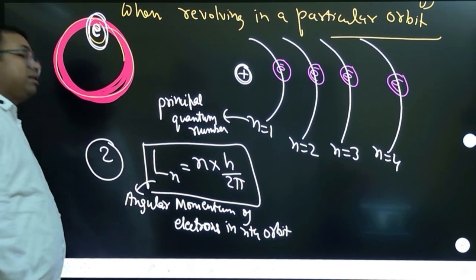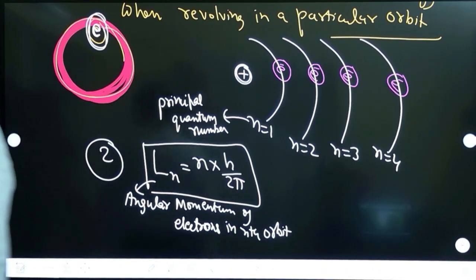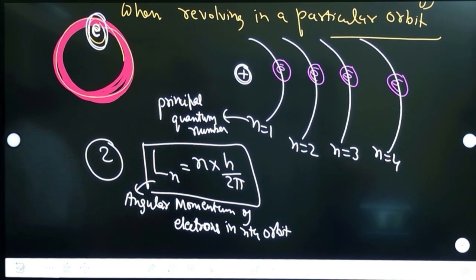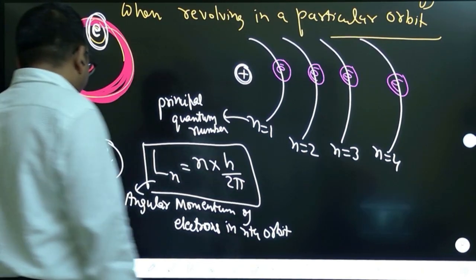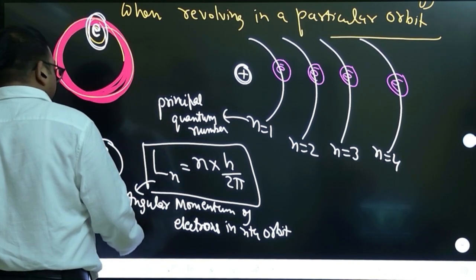We can clearly see that angular momentum is also quantized. Why he does that, he has not explained, he has just assumed it. But later it was explained, due to the wave nature.